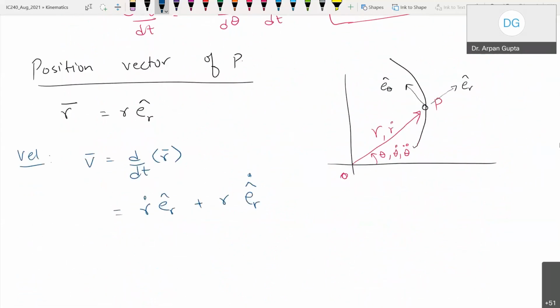So now this becomes r dot times e_r cap plus r times theta dot times e theta cap. That is the velocity.